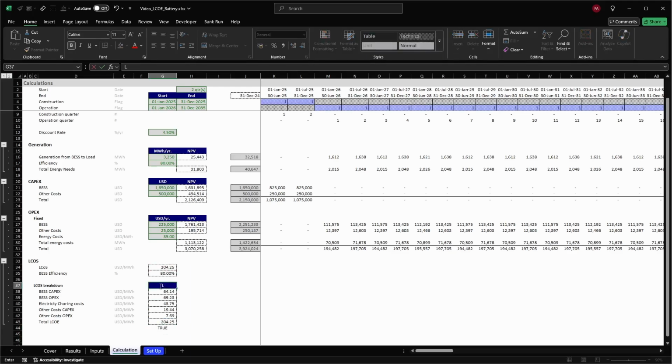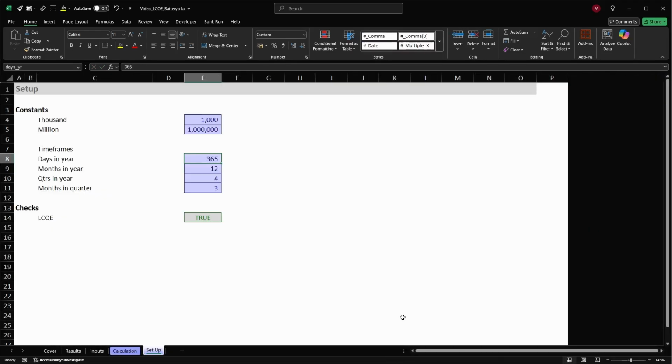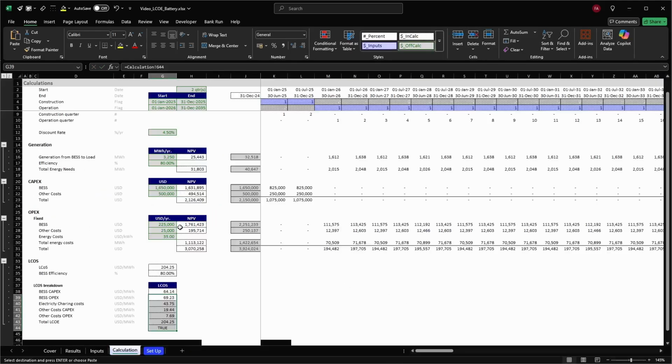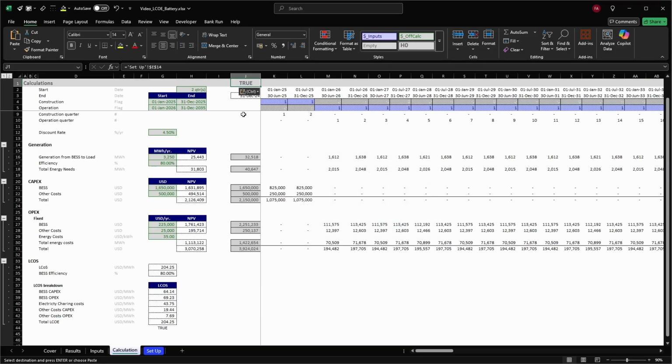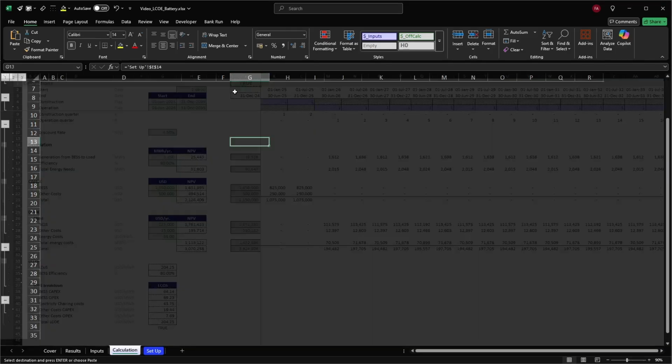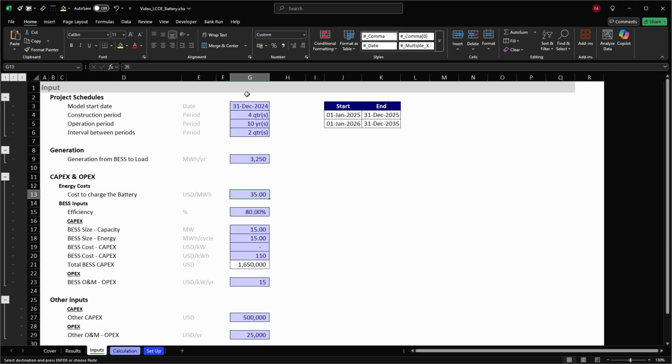So let me say LCOS, and there we go. Okay, so that's basically it. We have our LCOS here. What we can do now is press Ctrl+C, and I'm going to paste over here, Alt+ES, let's say link. There we go. So we know that this is true. I can now copy this and paste it over here, just to give you an indication.